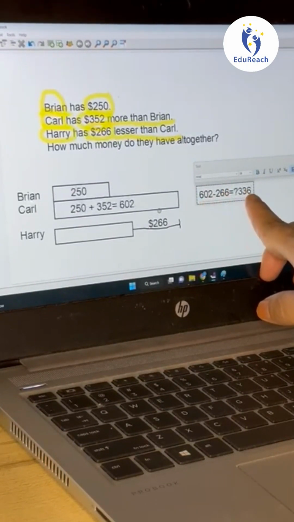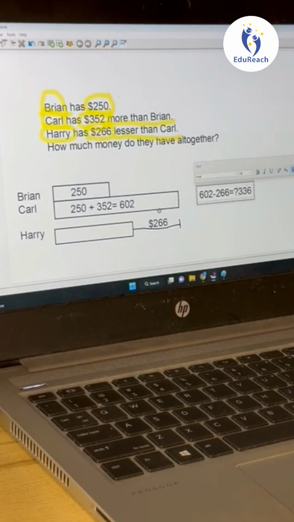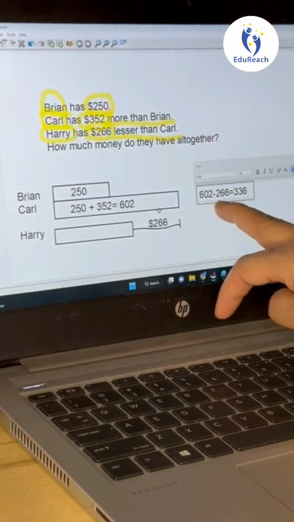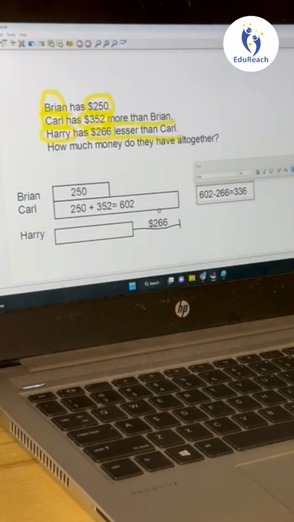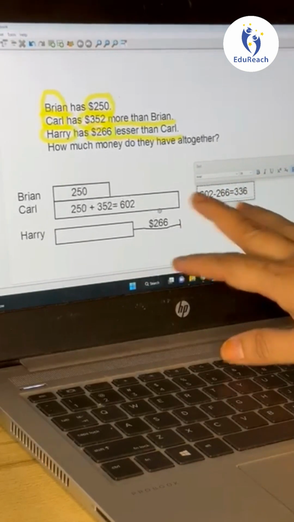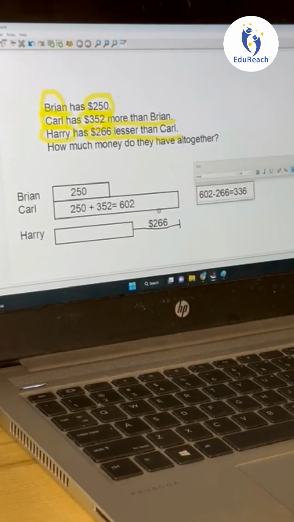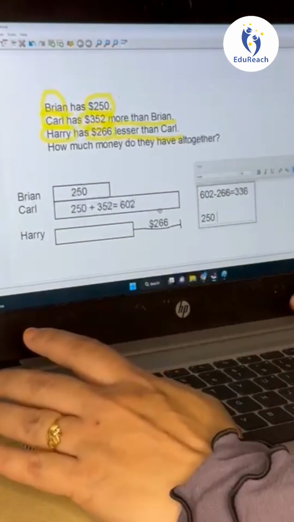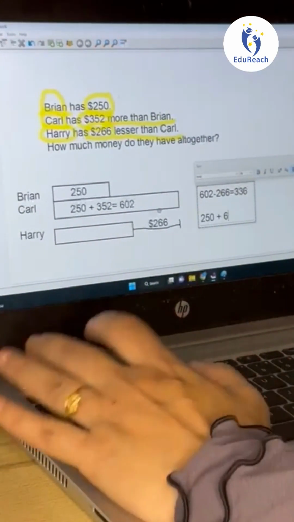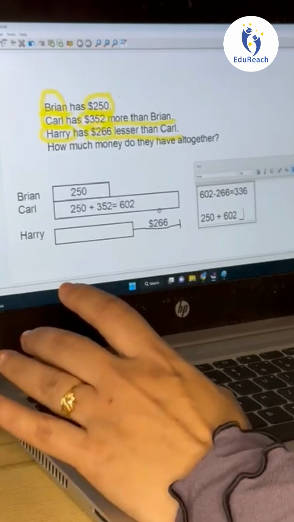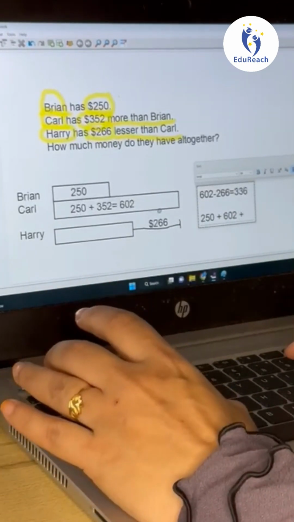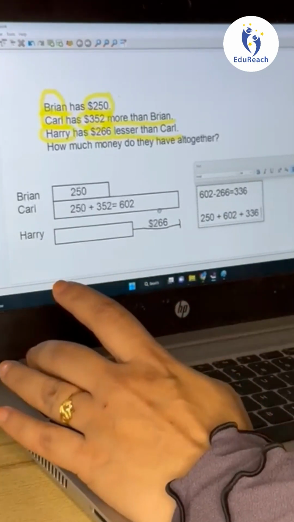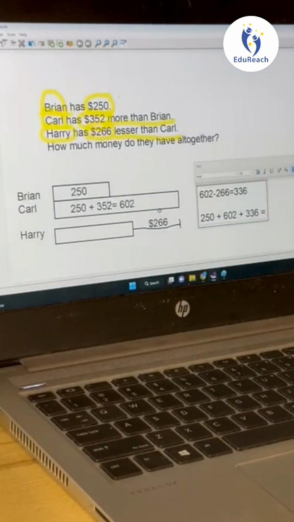Let's do it the other way around: 336 plus 6 is 12, 6, 7, 9, 10, 6, 7. Whenever I do a minus, I plus back to get the answer. So the answer that the question is asking for is 250 plus 602, because that's the amount that Carl has, and plus 336 because that is the amount that Harry has. So this will be the answer.